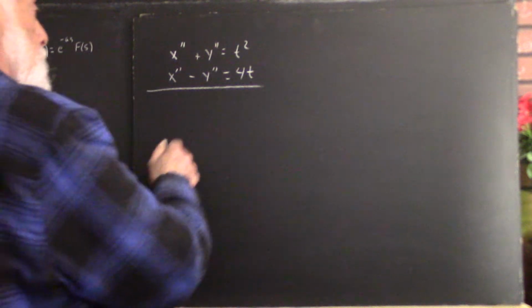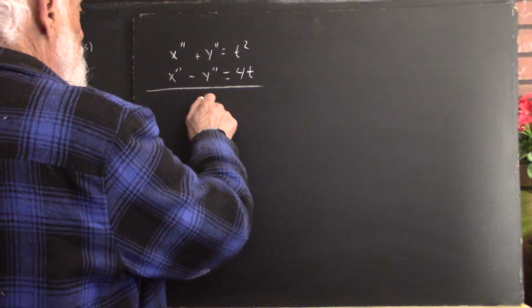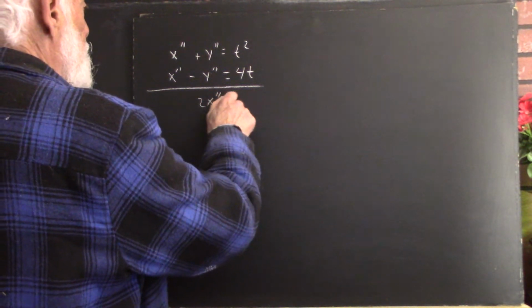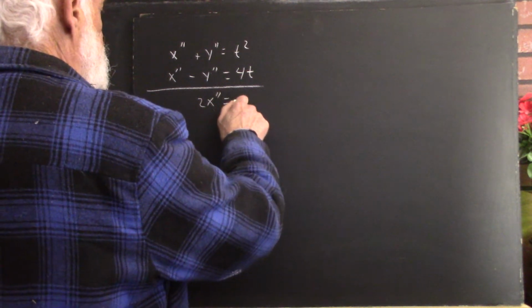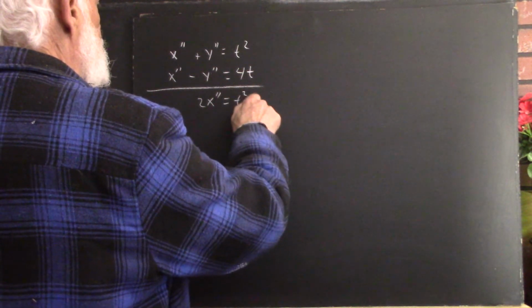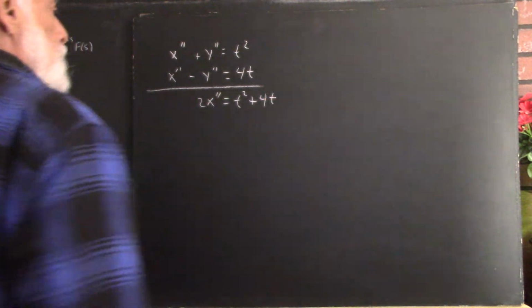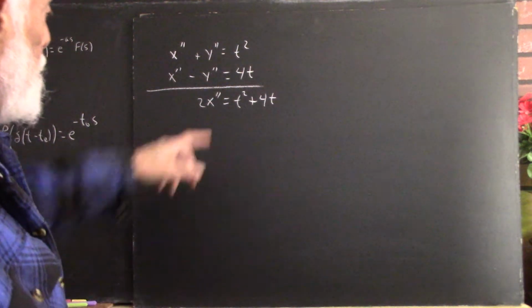So kind of an unusual case, one that you don't expect, but you get 2x double prime equals t squared plus 4t. So we can immediately solve for x.